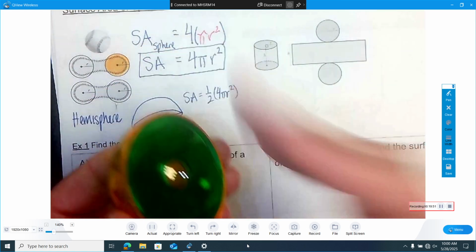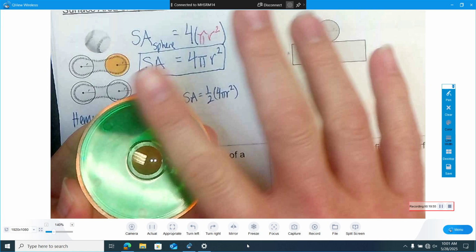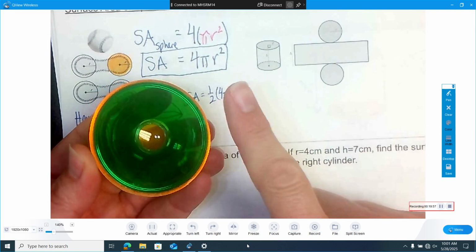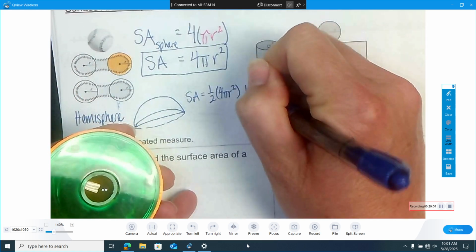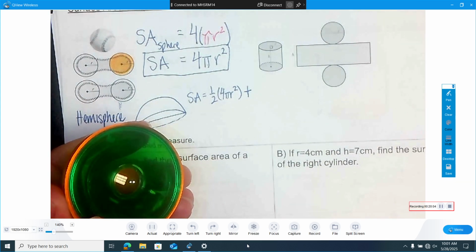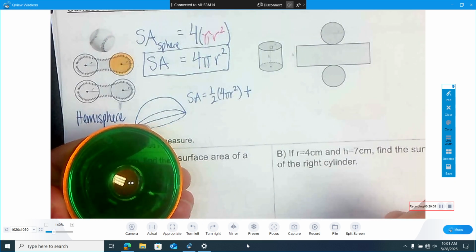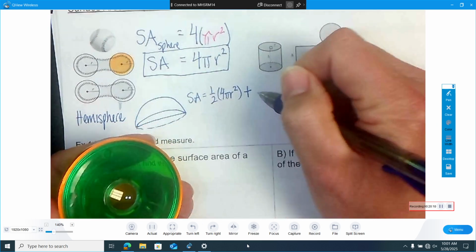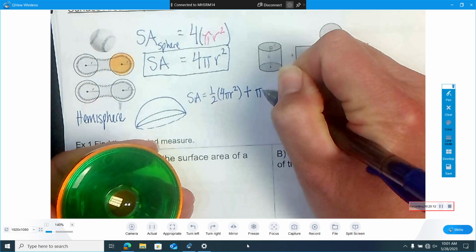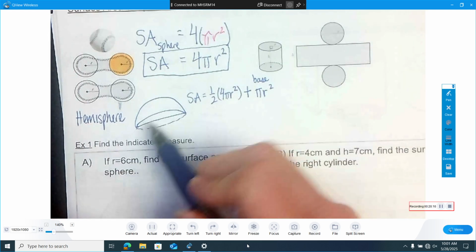So we have this flat portion, so I need to include the surface area of this green part. So I have to add this extra surface. And what's the area of this green thing? Pi r squared. Yeah, it's just another circle. So plus pi r squared, which is the base. It is that bottom piece.